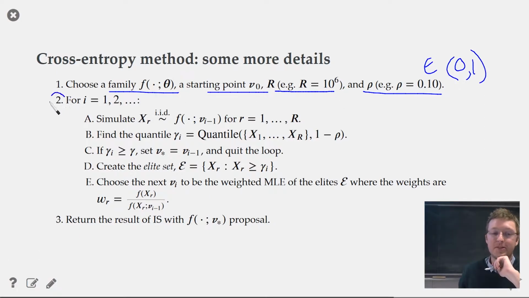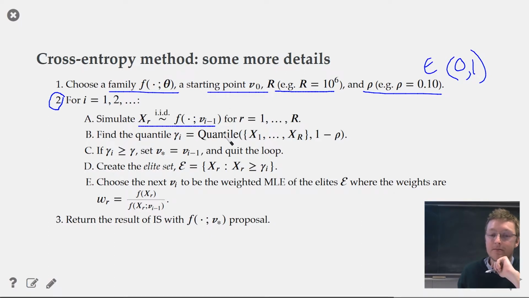And step 2 is an infinite loop. Inside the loop at step i, you're simulating IID random variables, capital R of them, from your last best proposal density.